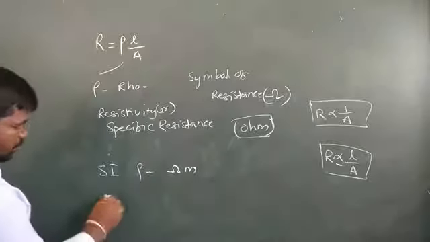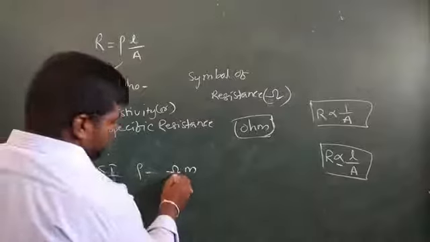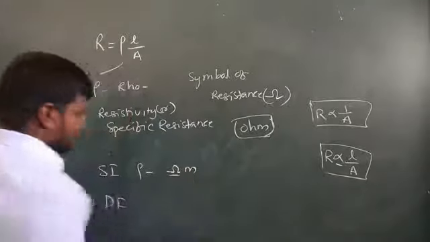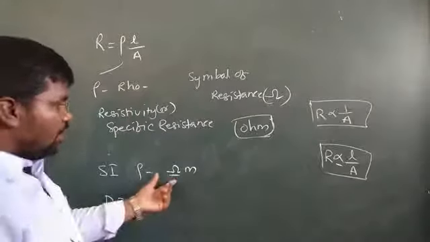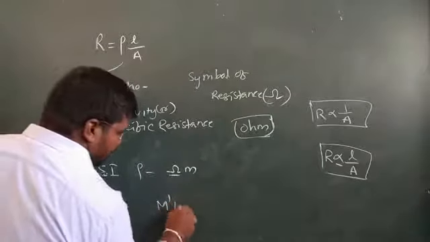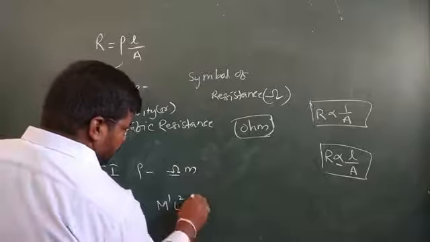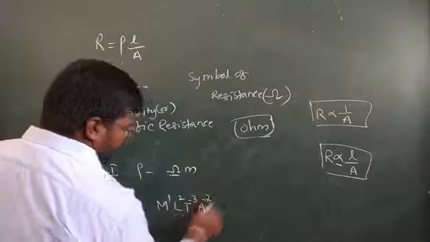Coming to the dimension formula. We know from the previous case that the dimension formula of resistance is M power 1, L power 2, T power minus 3, A power minus 2.